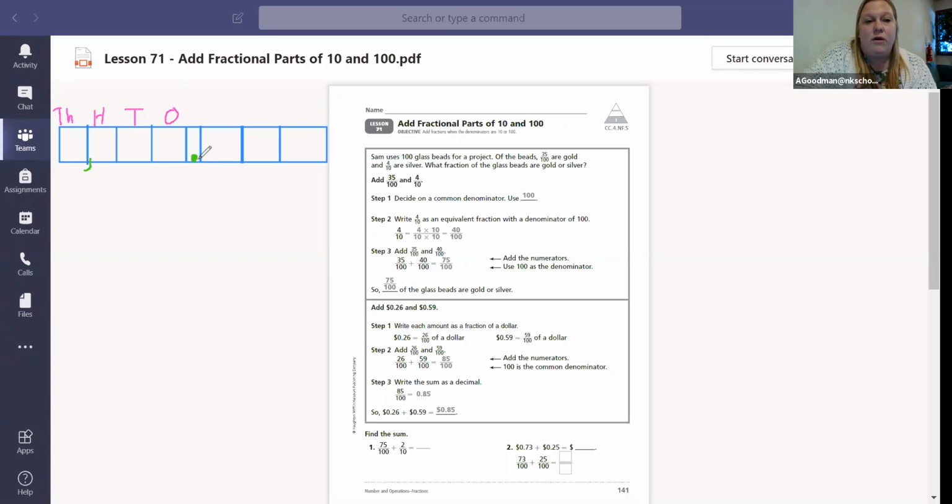So the decimal acts kind of like the middle of a mirror. So on this side of the mirror, you have your decimal places. And on this side of the mirror, you have your whole numbers.